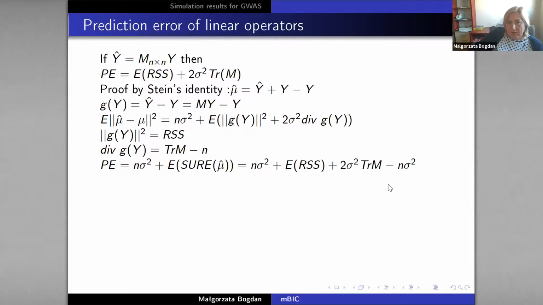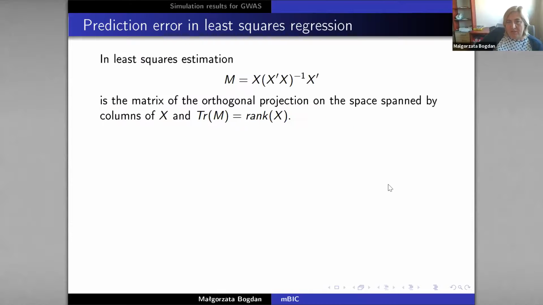Now when you do least squares estimation, your prediction is a projection. When you try to minimize the sum of squares of residuals, you simply need to project your y on the space spanned by the columns of X. And this is the formula for the projection matrix.